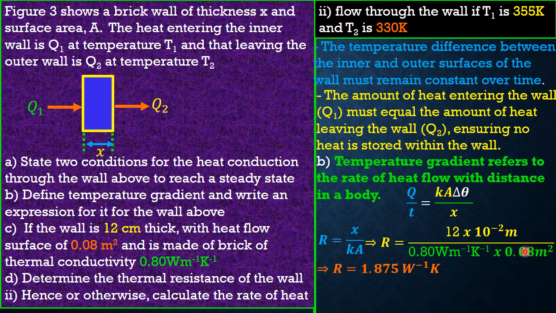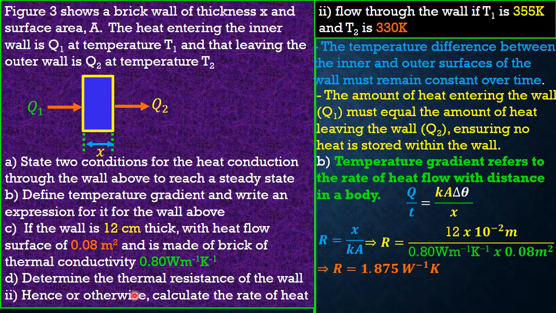Simplifying that gives us an answer of 1.875 per watt Kelvin.